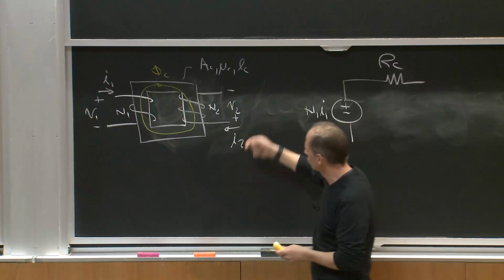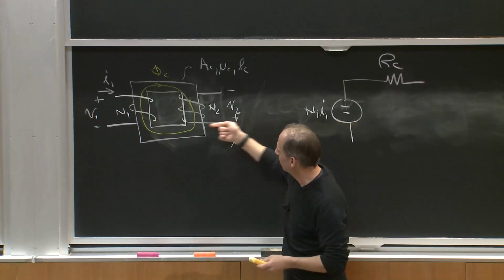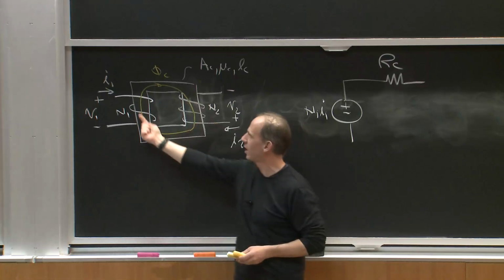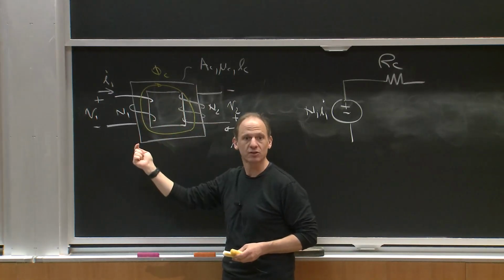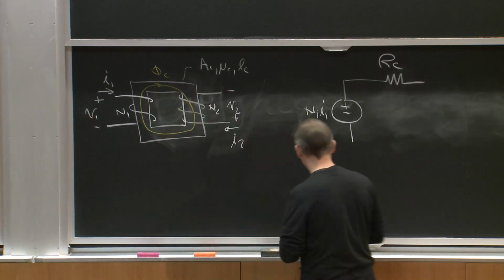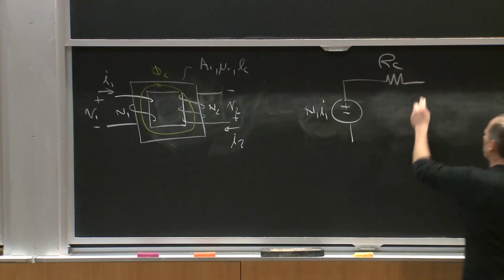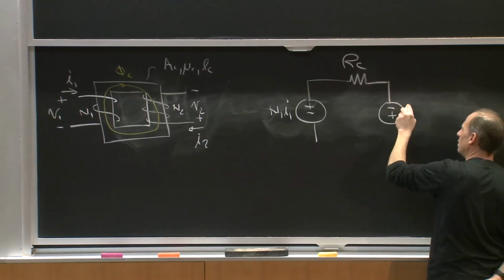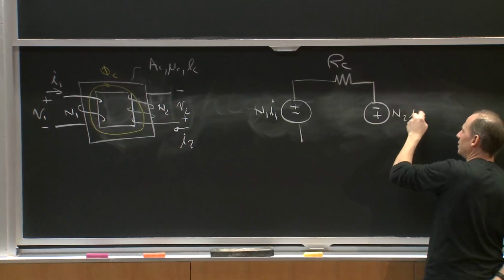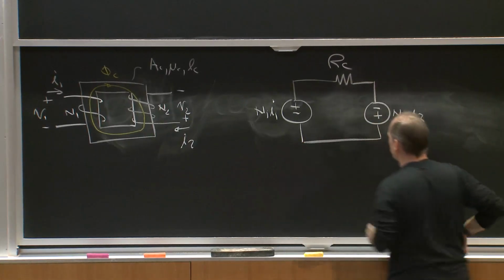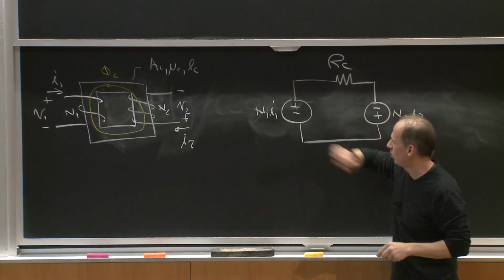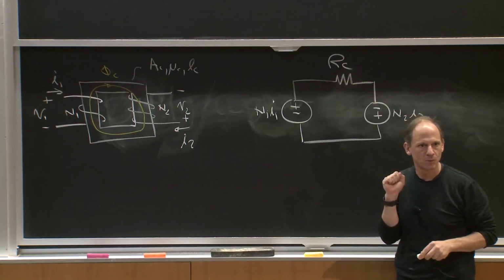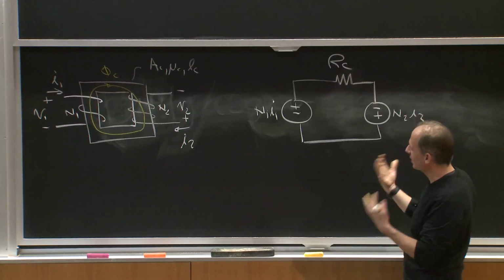Notice that the way I drew this, if I put a positive current I2 here, by the right-hand rule, it's also trying to drive flux in the same direction. Okay? That means in my magnetic circuit model, here I would have N2, I2, and notice that N2, I2 and N1, I1 are trying to push flux in the same direction around the core. Okay? And you could say that's correct.